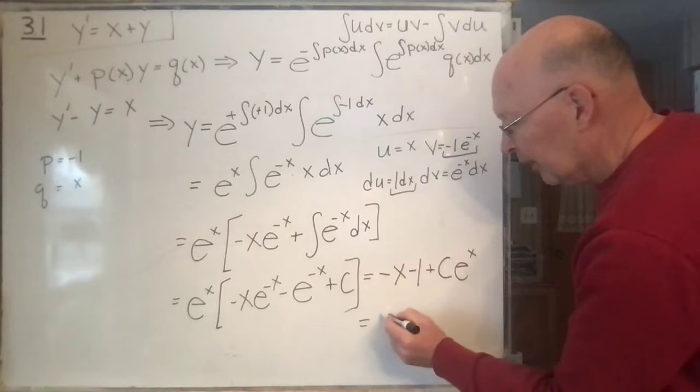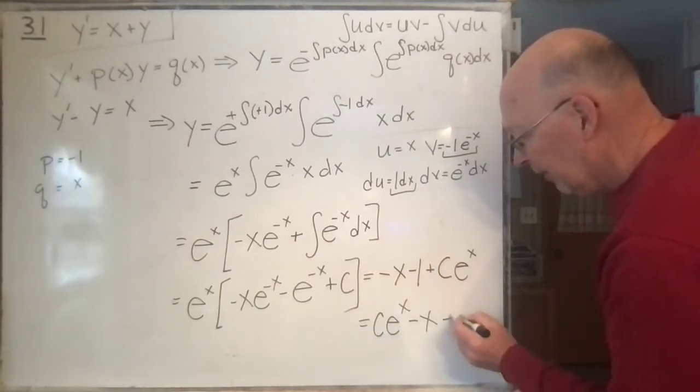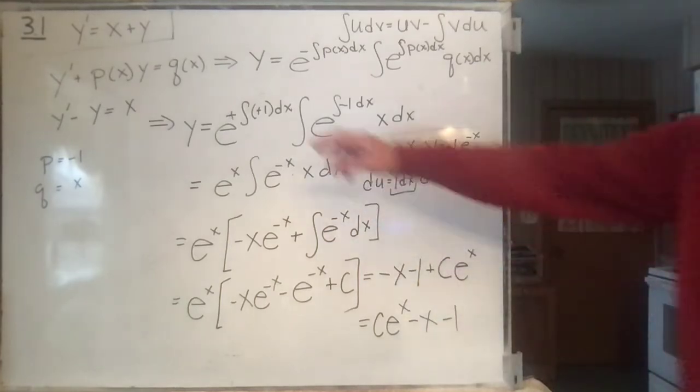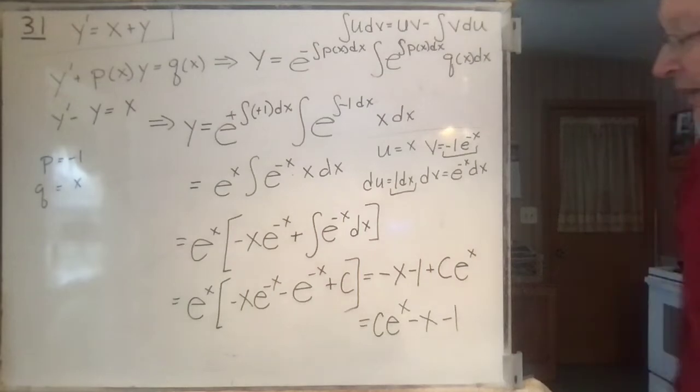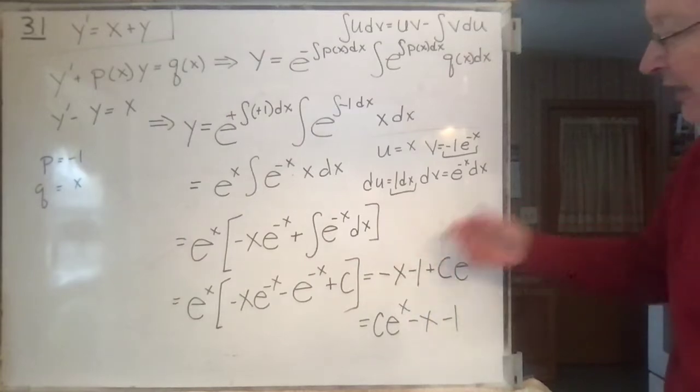I think I would probably write it like this: c e to the x minus 1. And so there's the solution to this differential equation right there. Okay, so you've got to be really careful that you don't just say at the very end, oh, I forgot a c, I need to throw a c on here.